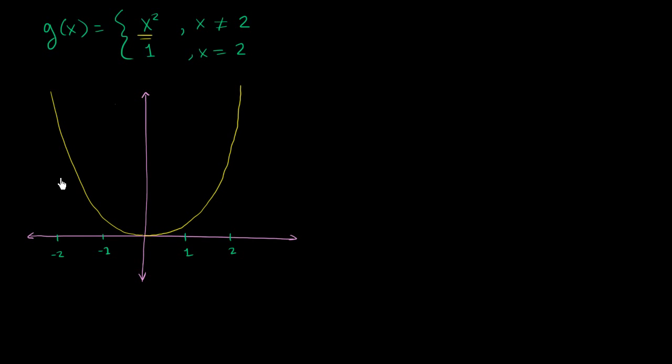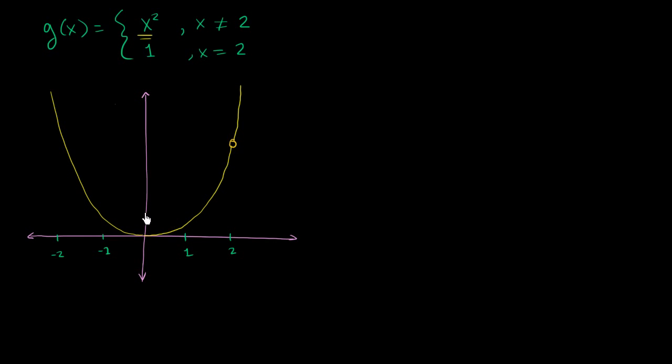Now, this would be the graph of just x squared, but it's not x squared when x is equal to 2. So once again, when x is equal to 2, we should have a little bit of a discontinuity here. So I'll draw a gap right over there, because when x equals 2, the function is equal to 1.